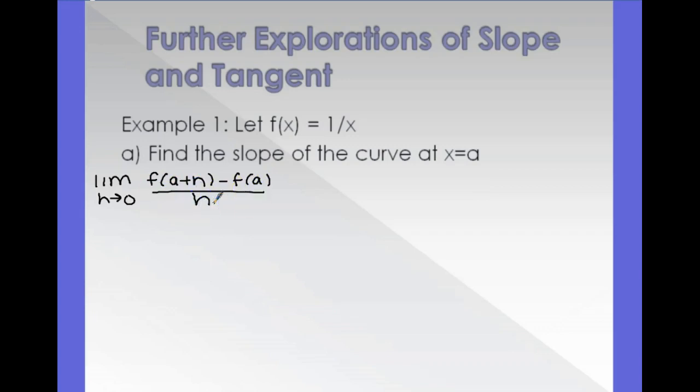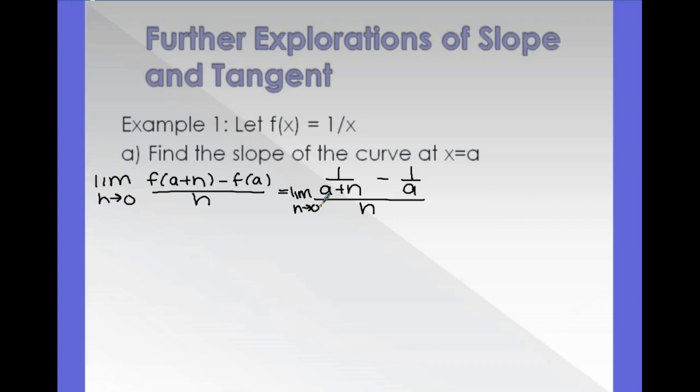Anytime they ask you to find the slope of a curve at a point, that's what we're doing. So in this case, f is 1 over x, so I get 1 over a plus h minus 1 over a all over h. And again, since we're looking for the slope, we need the limit.